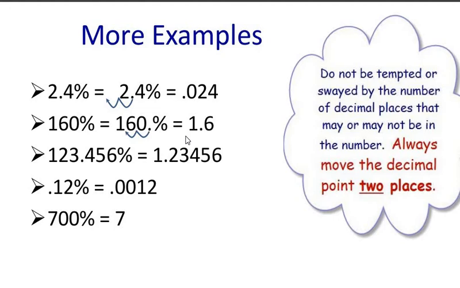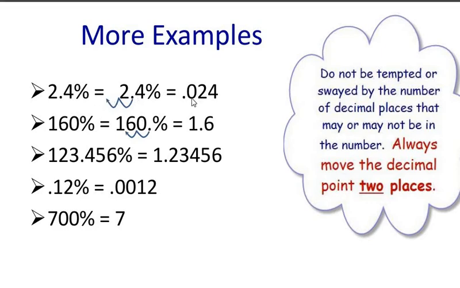Although we will talk more about this in the lesson on greater than 100 and less than 1 percent, it's good for you to know that if we want to remove the percent symbol, you just have to move the decimal point, wherever it is, to the left 2 digits.